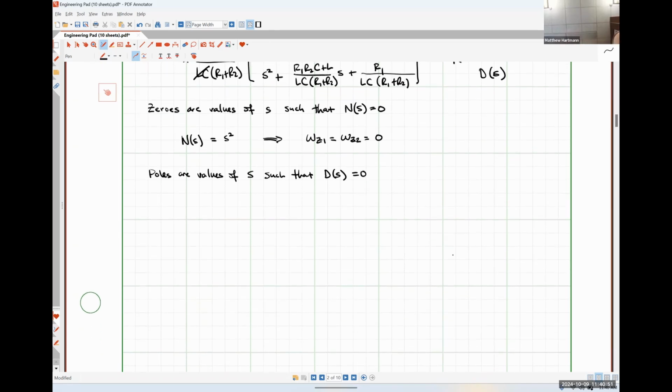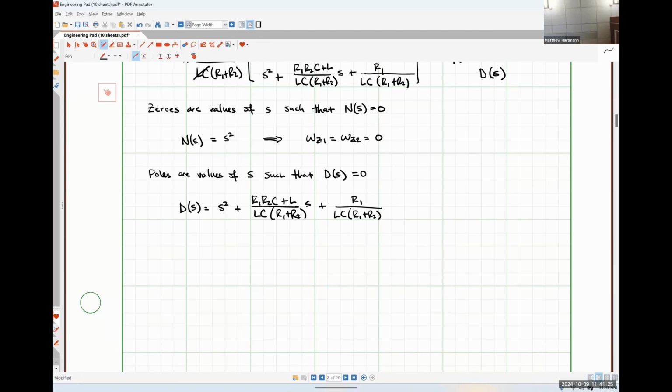So for our denominator polynomial, D of S, we have S squared plus (R1 R2 C plus L) divided by LC times (R1 plus R2) times S plus a factor of R1 over LC times (R1 plus R2), okay?